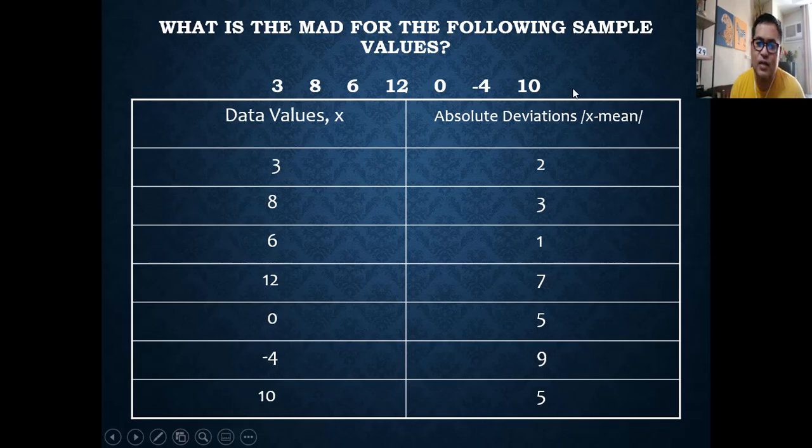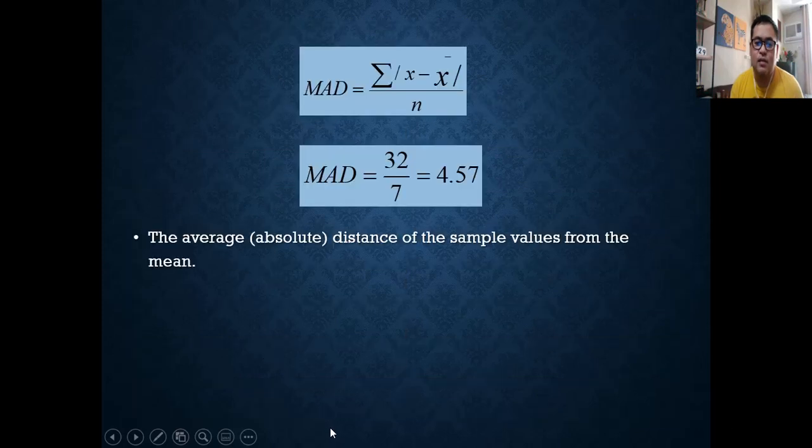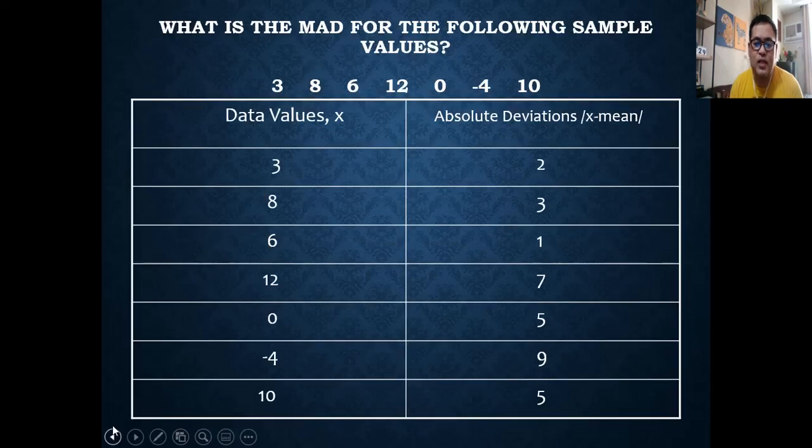What is the mean of this data set? So after getting the mean of the data set, what you need to do is to subtract the mean from the scores. If you look at it, the mean of these scores is 5.